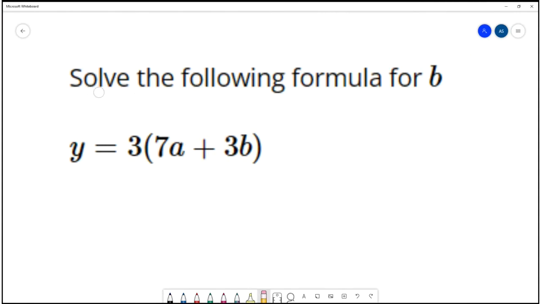In this example, we want to solve the formula for the variable b. We have the formula y equals 3 times 7a plus 3b. So this is the b that we're trying to solve for, and you can see that this b is inside of the equation, inside of the parentheses.